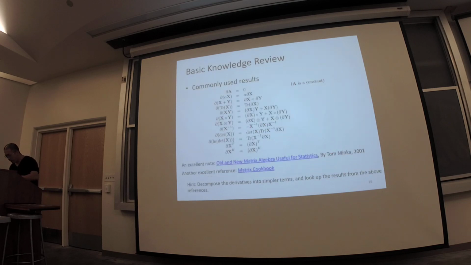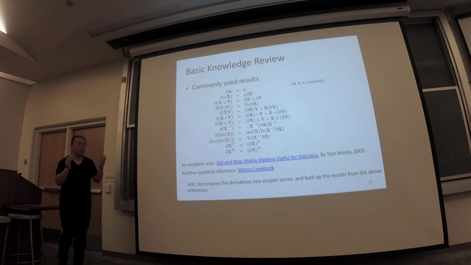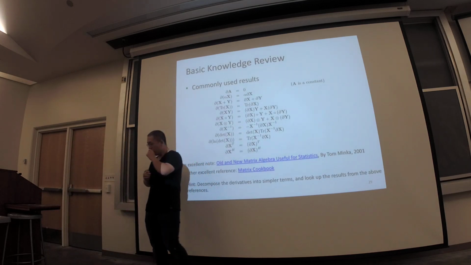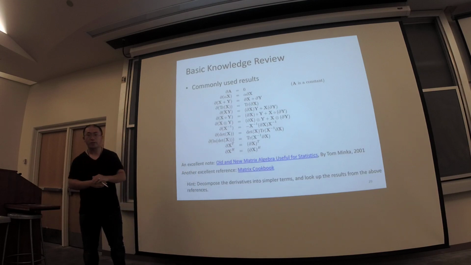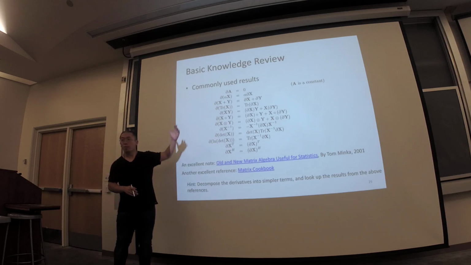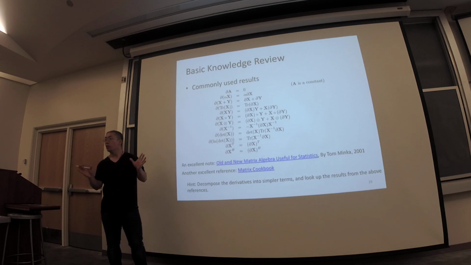Okay. So in general, how do we compute the matrix derivatives for vectors? We're not required to derive all of those derivatives by ourselves. Instead, we have a bunch of commonly used, well-known results.